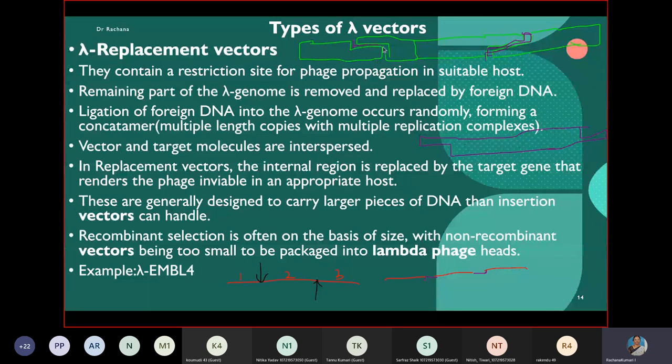Are you able to follow? This is the size of the insert, DNA of insert. Clear?